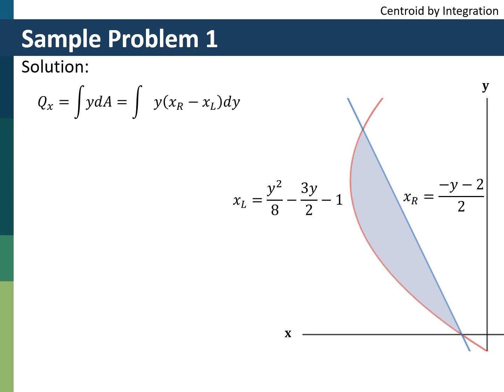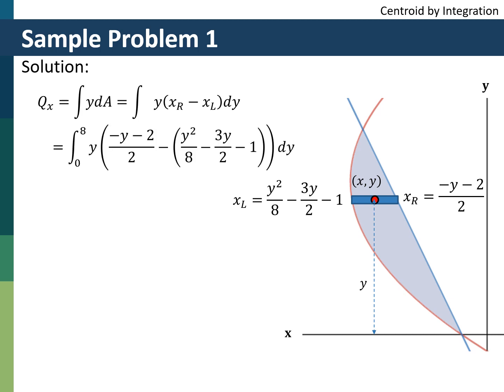The first moment of the area with respect to the x-axis is equal to the integral of y dA, where dA is equal to the quantity x sub R minus x sub L dy. Y is the distance of the centroid of the horizontal strip to the x-axis. Substituting the values and simplifying the integrand, we have the integral of negative y cubed over 8 plus y squared with respect to y.